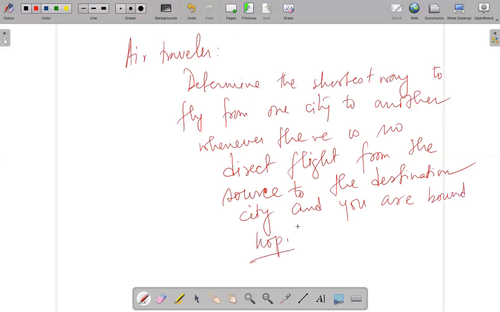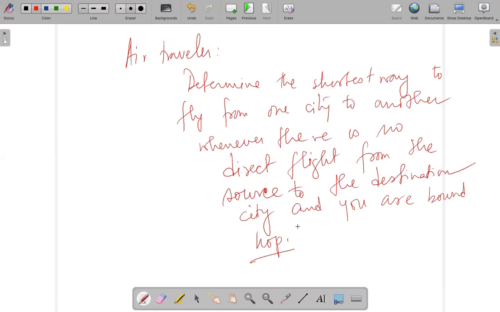So basically, in this particular problem scenario, what you want to identify is the minimum number of hops you can take. So this minimum again has various different definitions or connotations. You want to identify the minimum number of steps that one needs to take, or the minimum number of hops before the destination is reached.